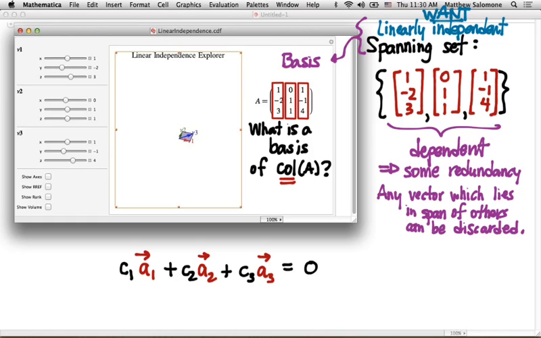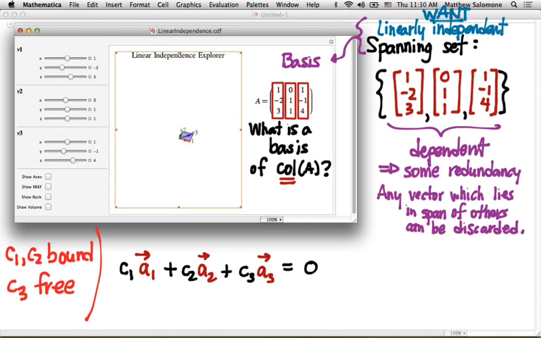Let's suppose for a minute that C3 was my free variable and C1 and C2 were bound. Just take a guess here. Let's suppose this were the case. Then which vector could I get rid of in order to guarantee that the equation that results has a unique solution? Yeah.